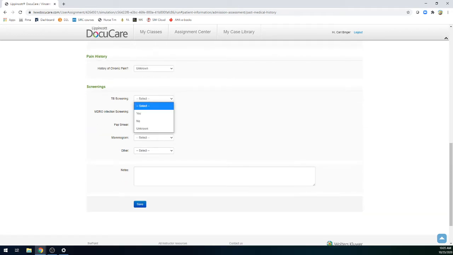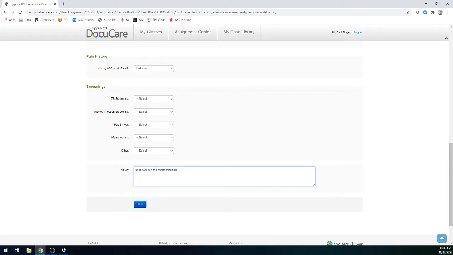The screenings, again, all these could be unknowns. And you could put in the note, unknown due to patient condition. Hit save.